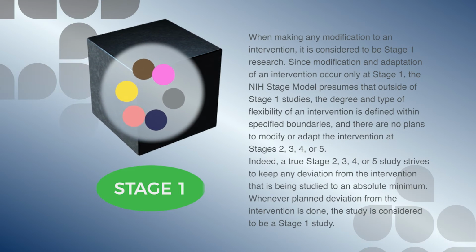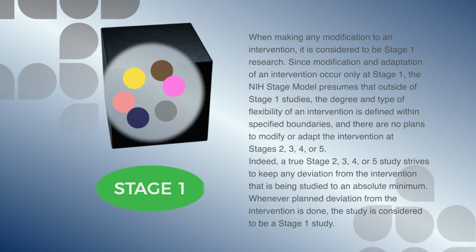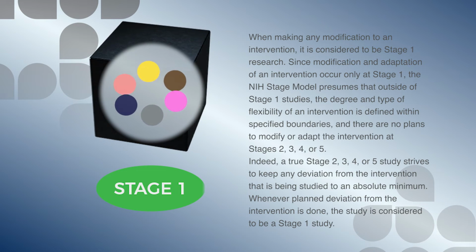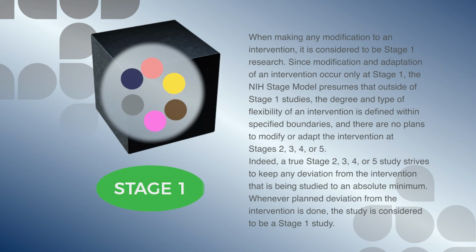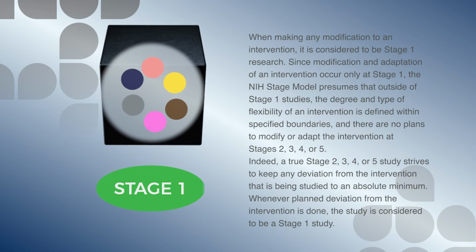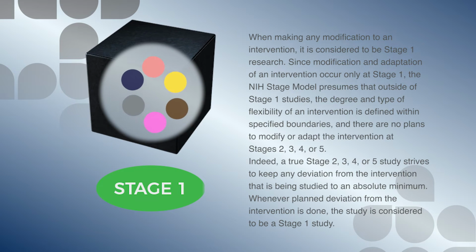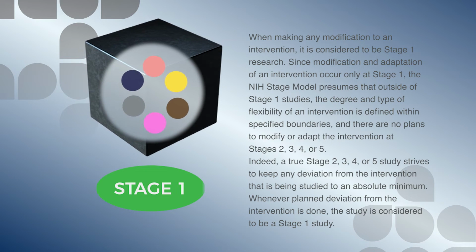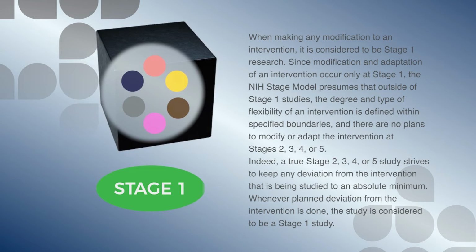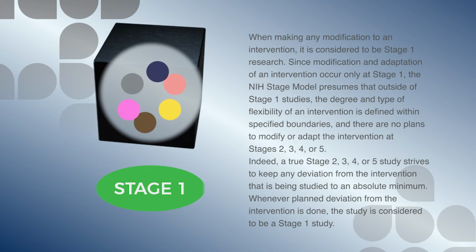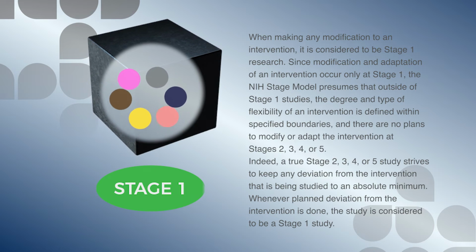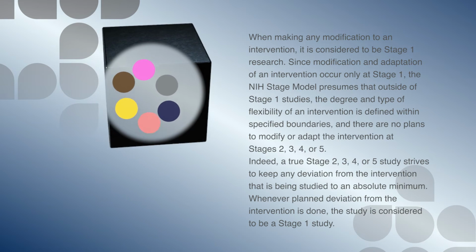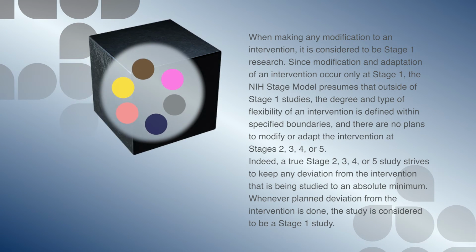When making any modification to an intervention, it is considered to be Stage 1 research. Since modification and adaptation of an intervention occur only at Stage 1, the NIH Stage Model presumes that outside of Stage 1 studies, the degree and type of flexibility of an intervention is defined within specified boundaries, and there are no plans to modify or adapt the intervention at Stages 2, 3, 4, or 5.